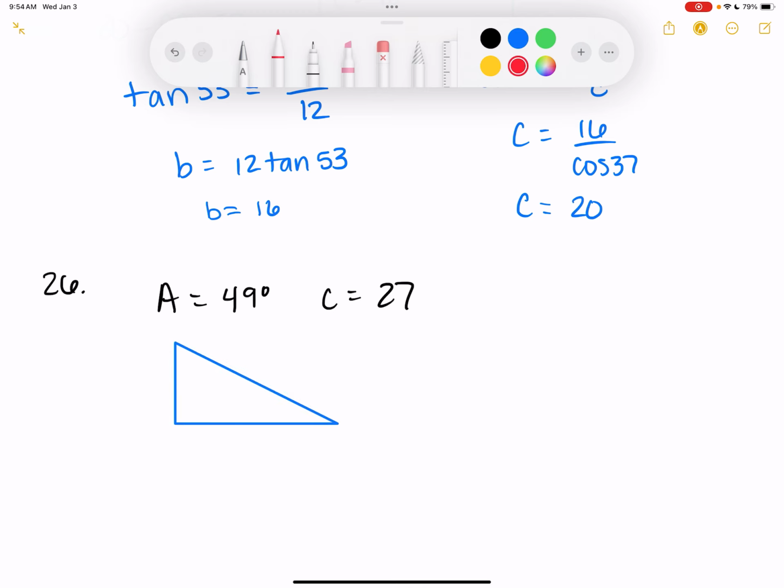So I'm going to draw my triangle here. All right, so set it up. I'm going to put in my given information.